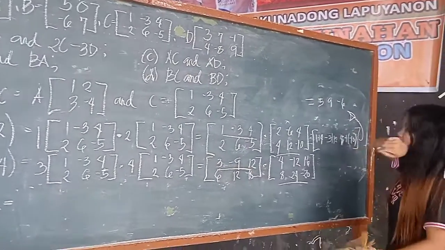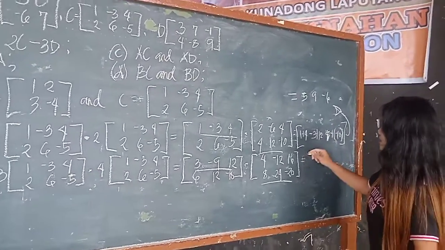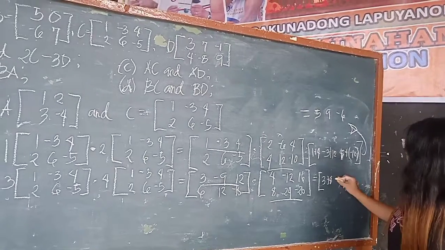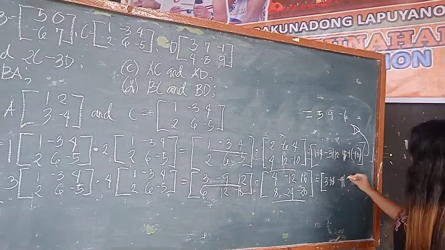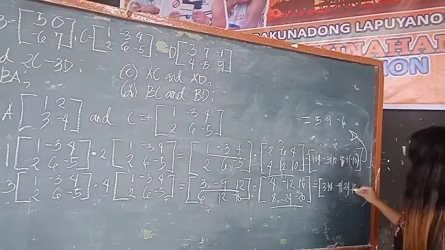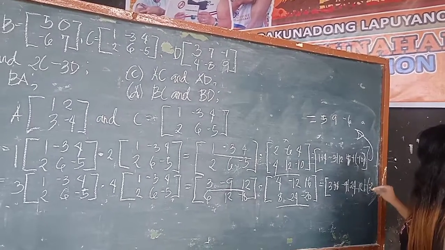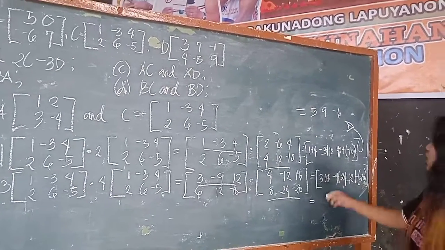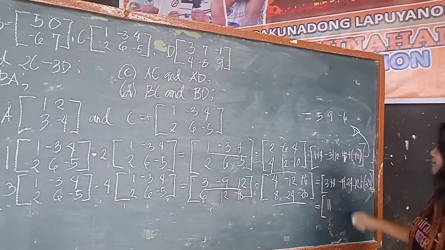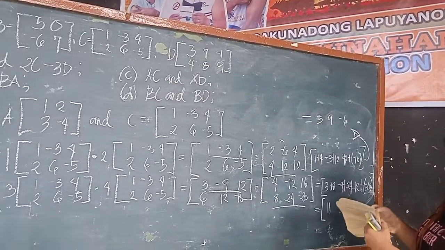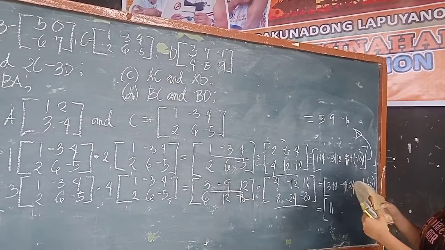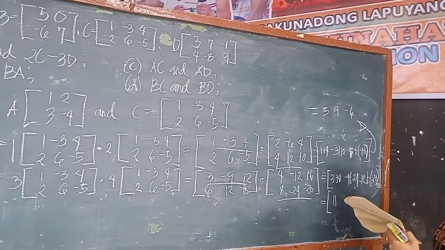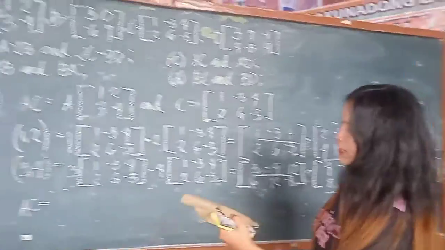First value, we just add. So therefore, the answer is 3 plus 8, then negative 9 plus 24, and 12 plus negative 20. So 3 plus 8 is equal to 11, and negative 9 plus 24. By the way, the value of 3, 4 is negative 4.